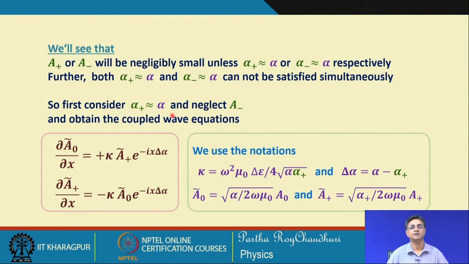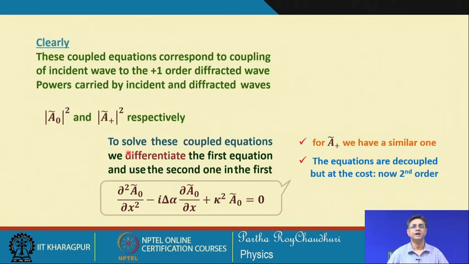So, first we consider alpha plus equal to alpha and neglect alpha minus, then we can obtain this set. You can see this is a much more simplified equation, where we have used kappa equal to this. With a bit of algebra, we arrive at this relation, where we call kappa the coupling coefficient, and A0, the incident amplitude, is written in terms of this.